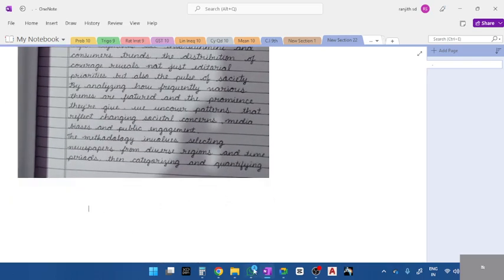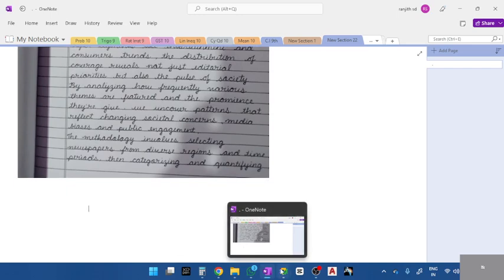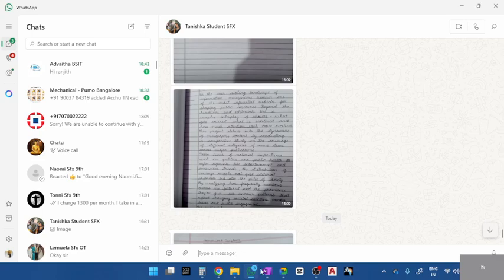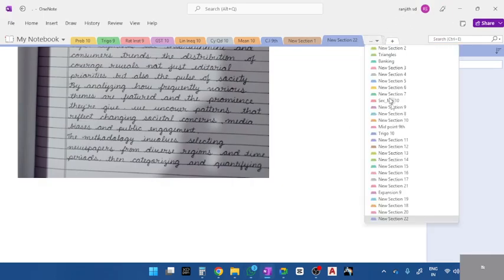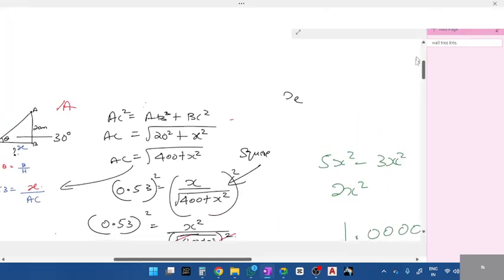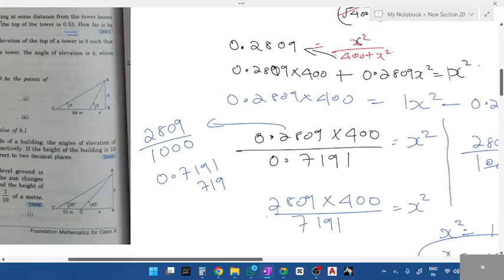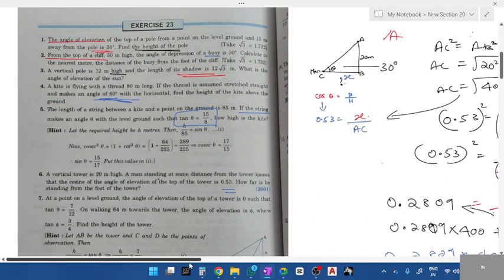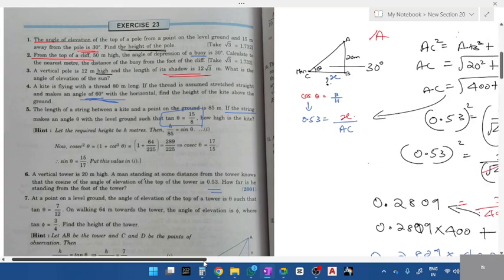Okay. Fine, students. You can just take down the values. Mark this question as important. It's not there in the textbook.